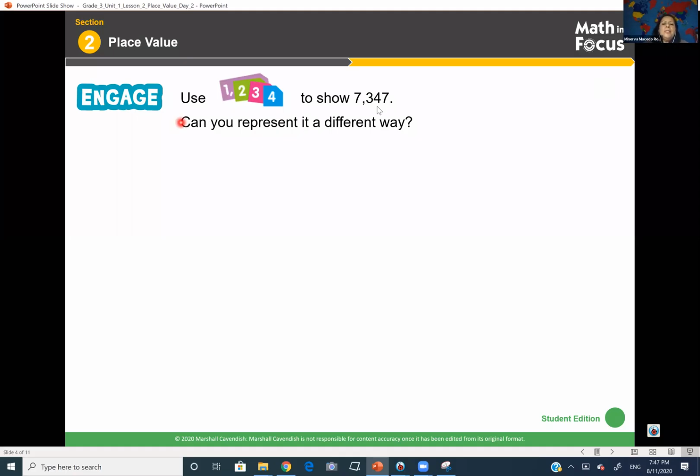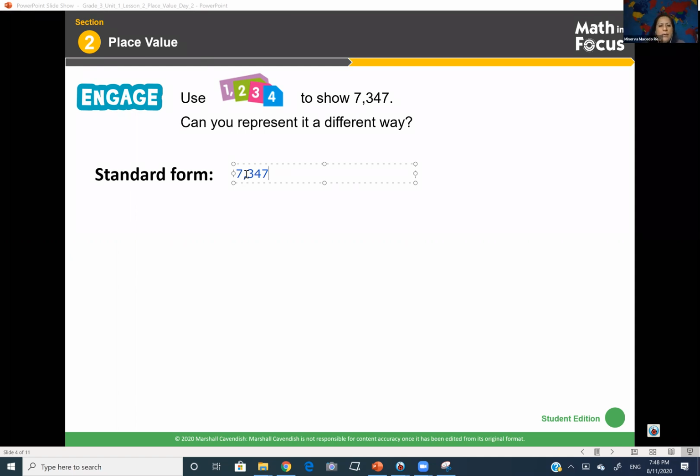Other ways to represent the same number are showing it in standard form. Now remember, the standard form is the easy one because practically it is to write it the fastest way, which is going to be just the number 7,347.